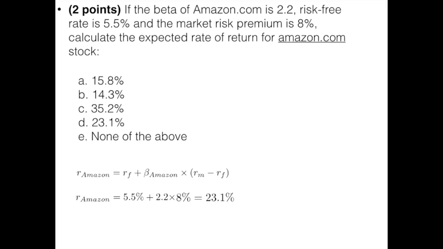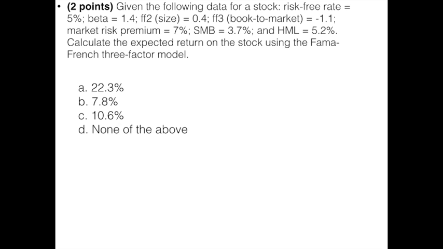But sometimes, as you will see in the second exam, I did it a bit differently. So when I did it like this, some people got confused, and instead of using 8% as the market risk premium, because RM minus RF is what we call the market risk premium, how much stocks give you more than bonds. And the correct answer is 23.1.